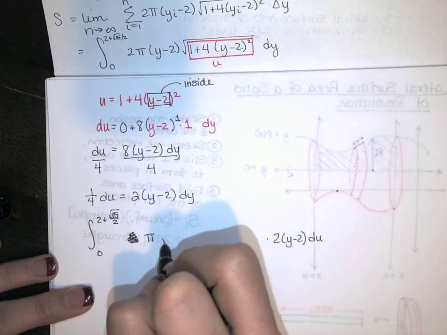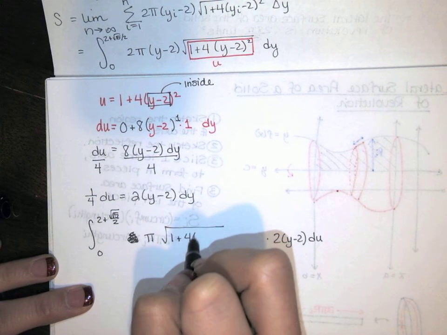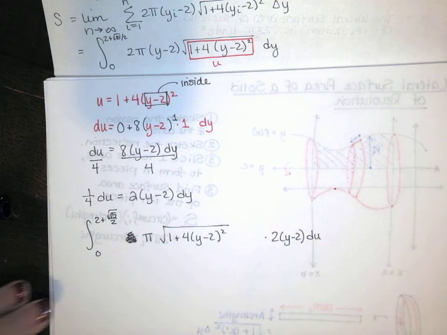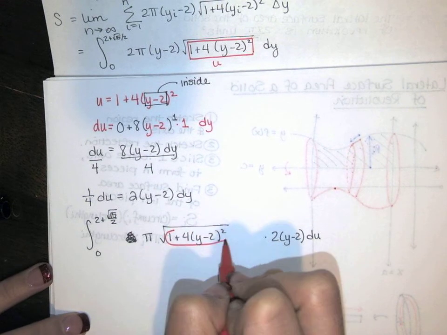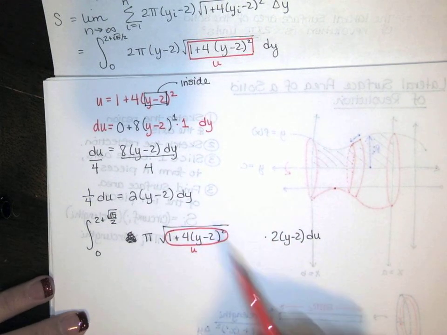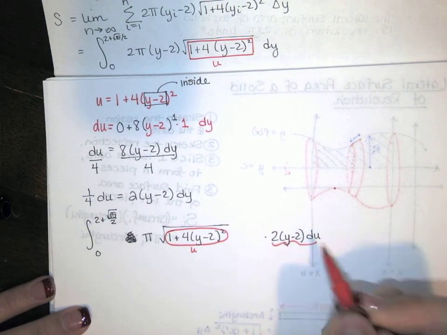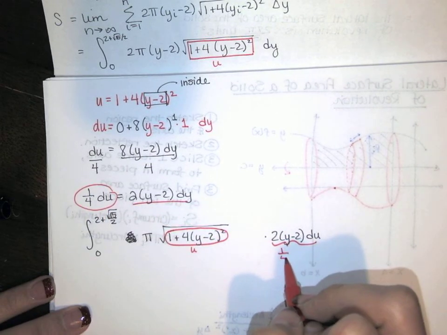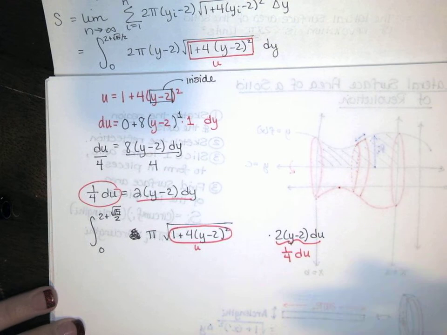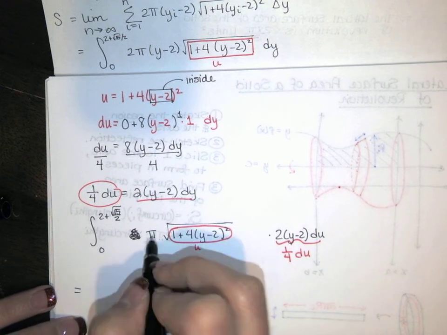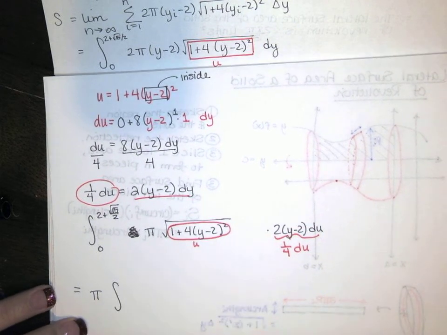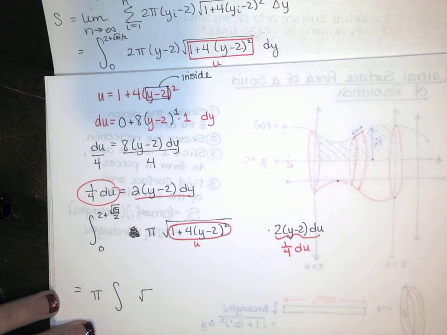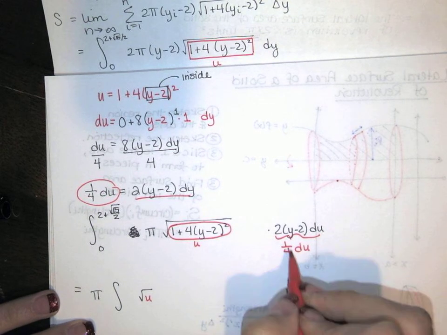The only thing that's left is the square root of all of this. I want to write all of this in terms of u. Well, that is u, so that's the square root of u right there. According to this, the other part is the same as 1/4 du. So I've got pi, which I can factor outside of my integral, and I've got a square root of u, and this is 1/4 du.